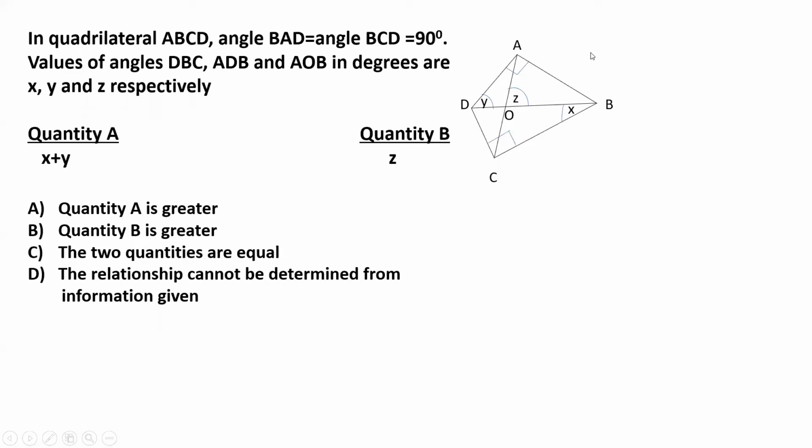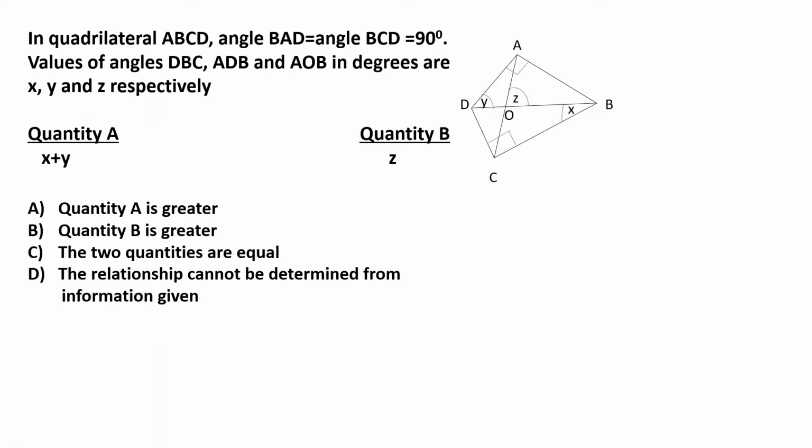This is a quantitative comparison problem, but this involves geometry. So we're given a quadrilateral ABCD, and two of the angles of the quadrilateral, angle BAD and angle BCD, are 90 degrees each.